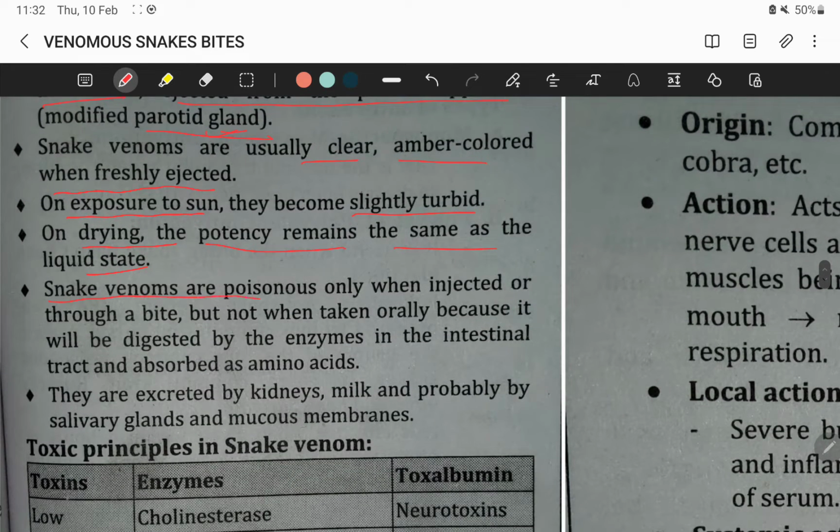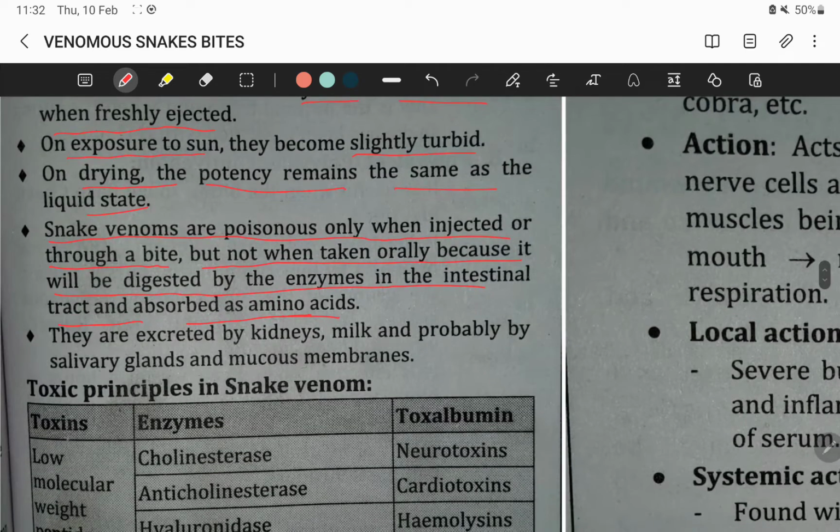Snake venoms are poisonous only when injected through a bite, but not when taken orally, because they will be digested by the enzymes in the gastrointestinal tract and absorbed as amino acids. Venoms are proteins, so they should be injected into the blood.